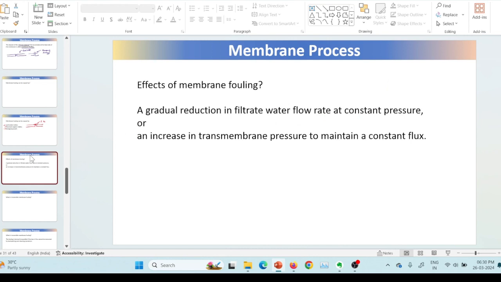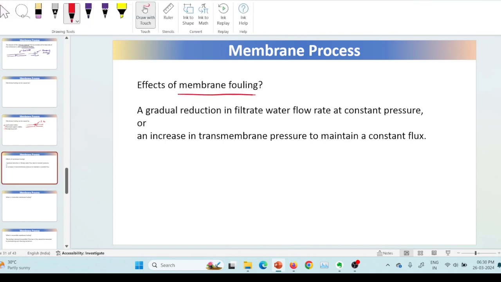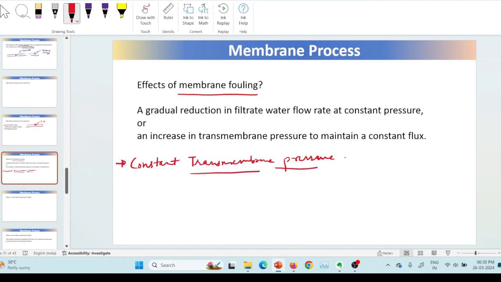So what are the effects of membrane fouling? Membrane fouling we understood. If we have constant transmembrane pressure, then there will be a gradual reduction in the filtrate water flow, because head loss will be more.